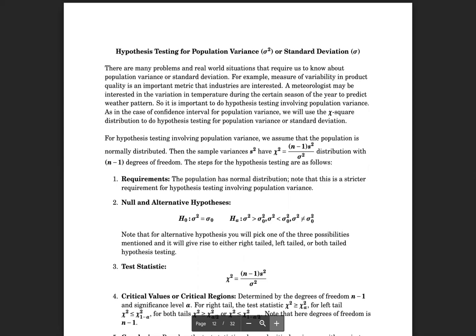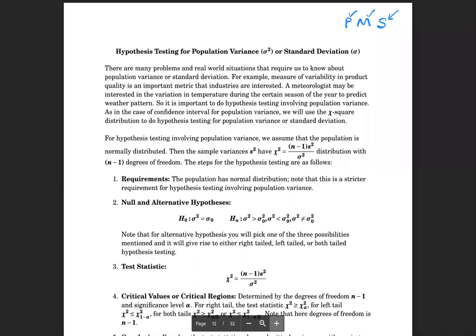Back to our structure, P, M, S: proportion, mean, and standard deviation. So we have done hypothesis testing for population proportion. We have done hypothesis testing for population mean. Now we are going to do hypothesis testing for population standard deviation / variance, okay?